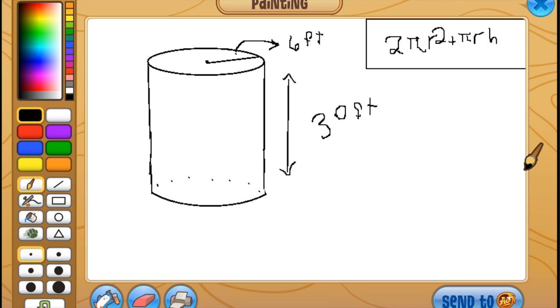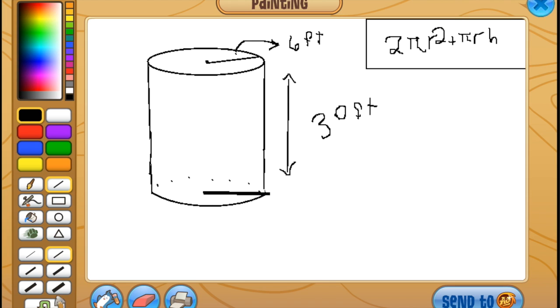So let's just use this. My radius is 6 feet. My height is 30 feet. So 2 pi r squared, where's my radius? That's 6 feet, right? This right here is my radius on top, and so it is with the bottom. But since we already have 6 feet up here, we don't have to deal with writing this again.